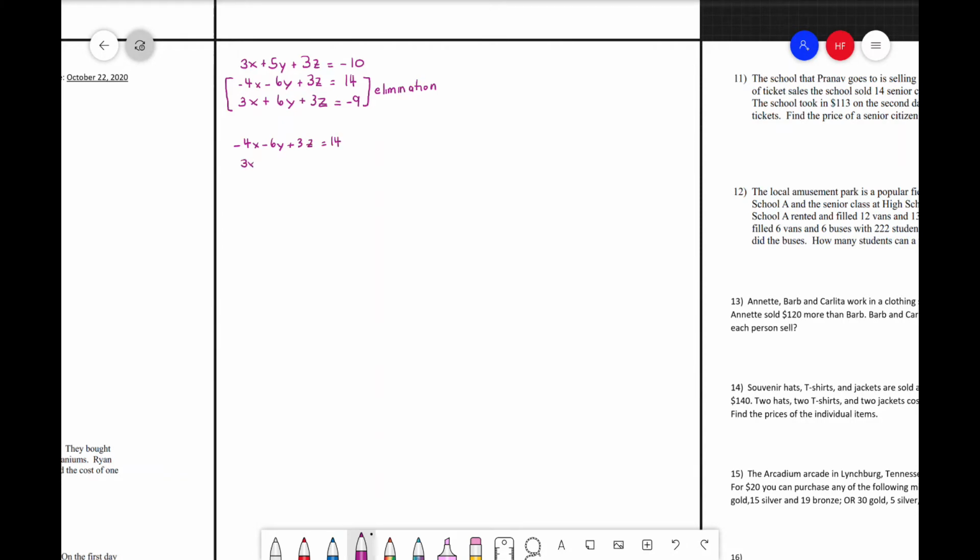And 3x plus 6y, I see that they're already opposites, so I don't have to change anything, equals negative 9. And I'm going to combine these two equations. I get negative x, no more y's, plus 6z equals 14 minus 9, which is 5.